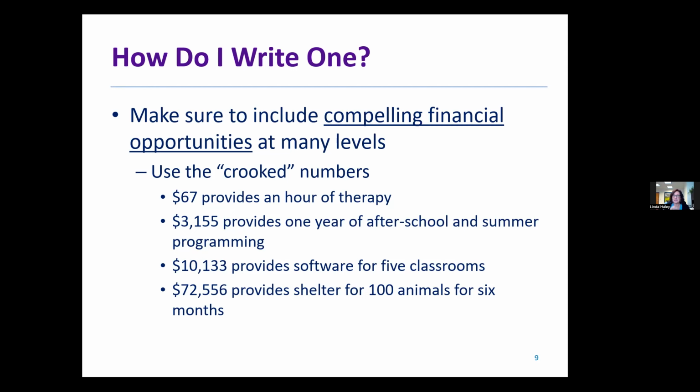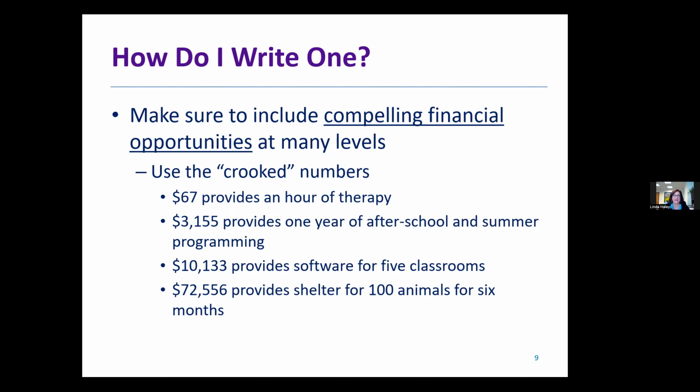Okay, when you talk to a donor, you want to say to them, $67, not $65, not $75, $67 provides 1 hour of therapy. And if they say, why is it a weird number? You say, that's how much it costs, full freight, all in. The donors love the idea that we know our numbers, that we actually know what things cost.